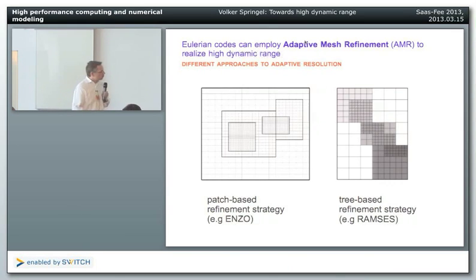You need to maybe have a criterion that flags certain cells, and in this patch-based scheme you will then have some algorithm that consolidates these flagged cells into a finite number of patches. This will mean, for example, that you will always somewhere also refine where it's maybe not really needed, in the corners of your patch, for example.